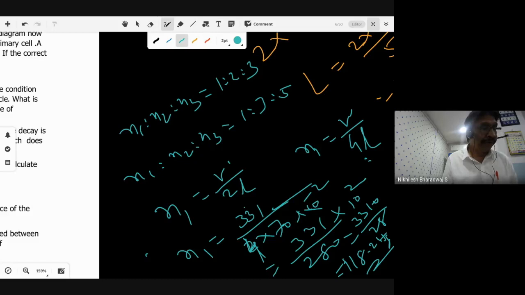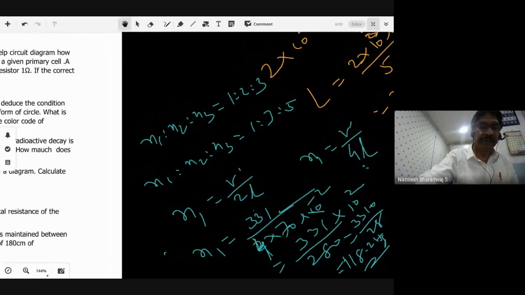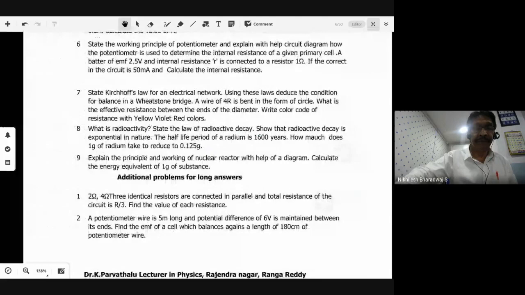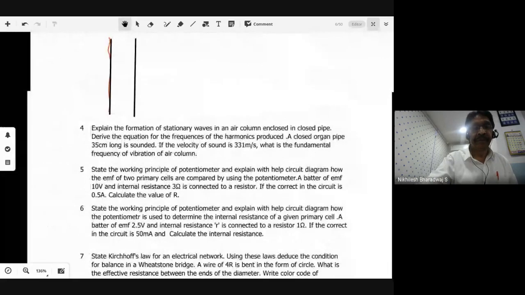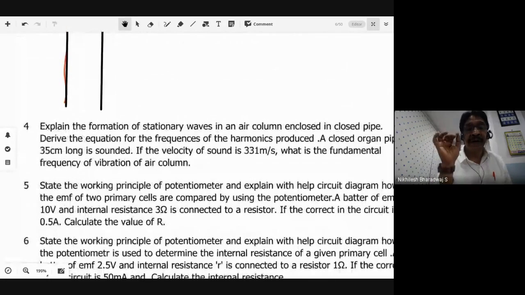Yes, coming back to that. Fourth one. Explain the formation of stationary waves in air column enclosed in closed pipe. Derive the equation for the frequency of the harmonic produced.